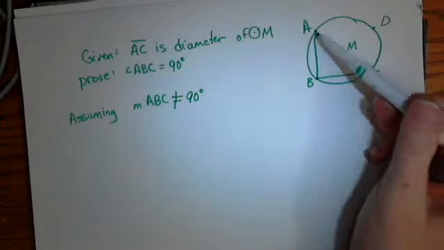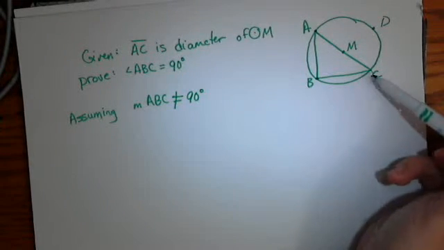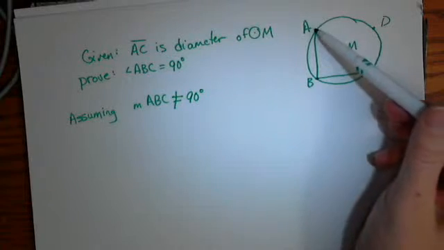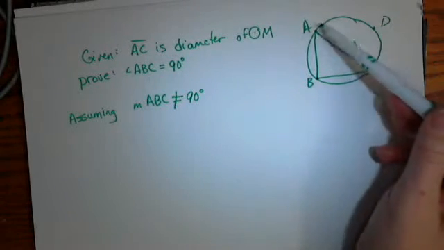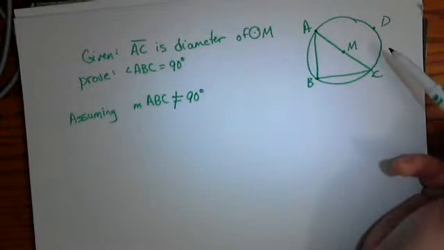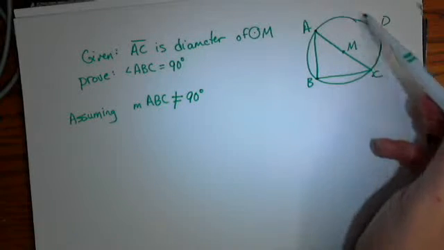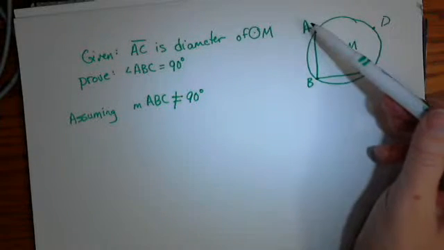Now, if ABC is not equal to 90 degrees, then arc ADC is not equal to 180. Because remember, ADC is the intercepted arc.